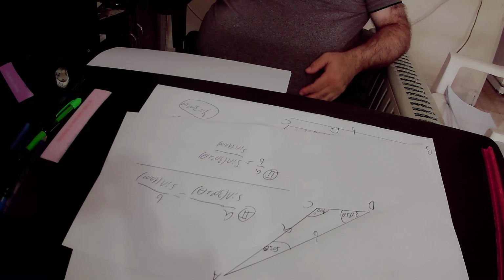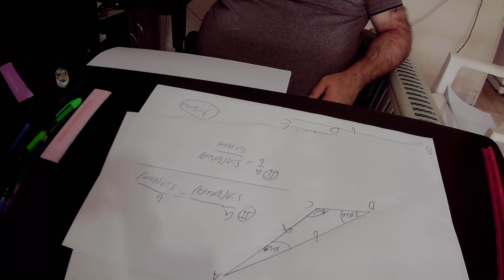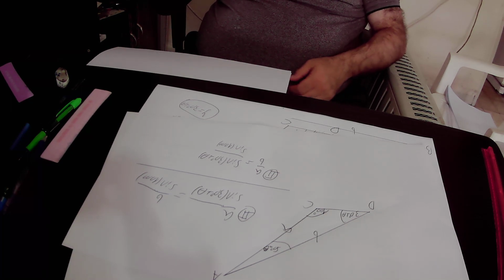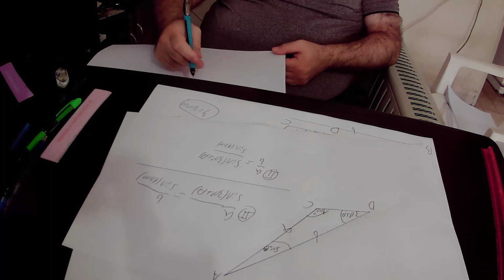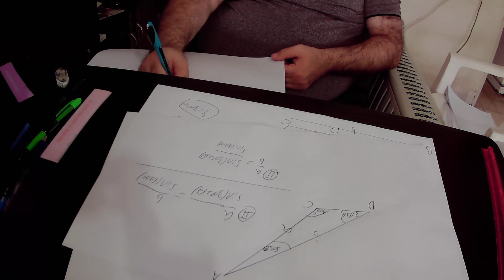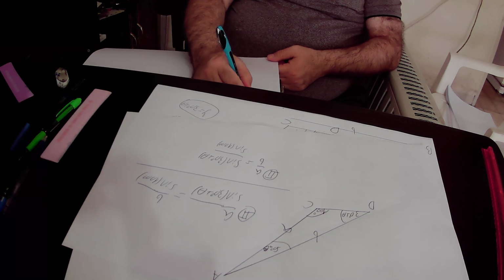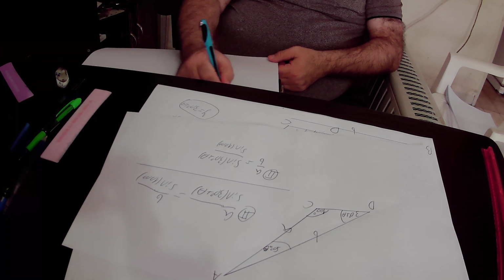Okay, so we actually have two equations for A over B. According to equation number 1, A over B equals sine 30 degrees over sine 50 degrees.